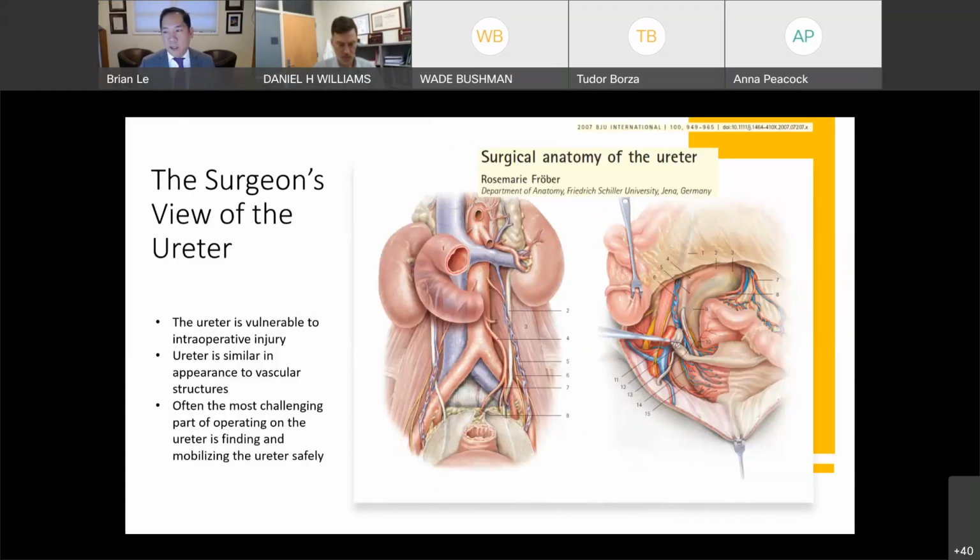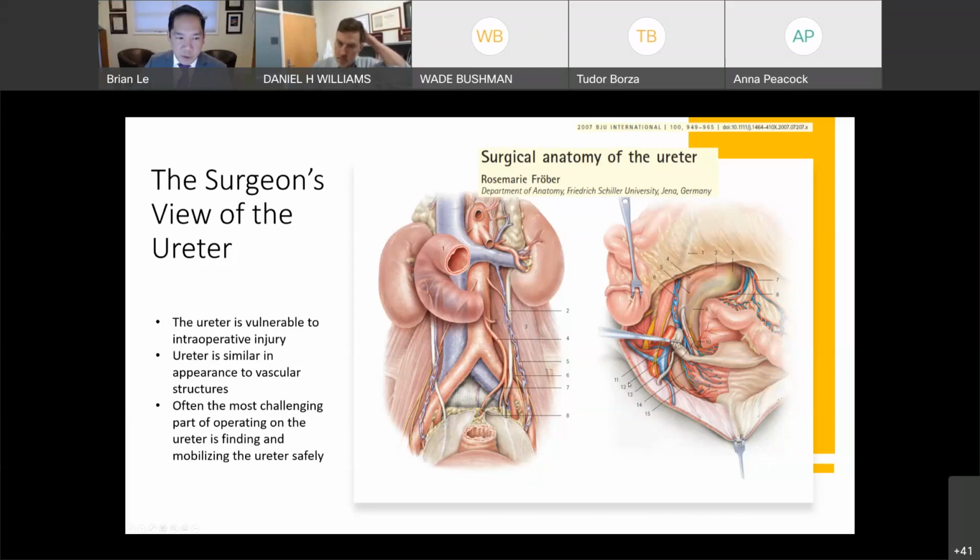So let's start with the surgeon's view of the ureter. Just some anatomic pictures showing the course of the ureter. A bunch of urologists here, so we're all very familiar with that. But this is just to highlight that in the picture to the right, you see in female anatomy and gynecologic surgery that the ureter passes in very close proximity to other structures.